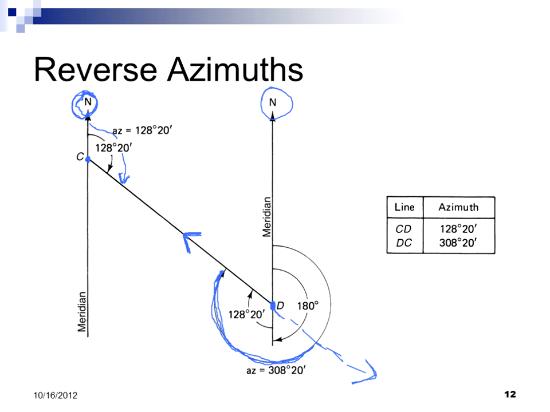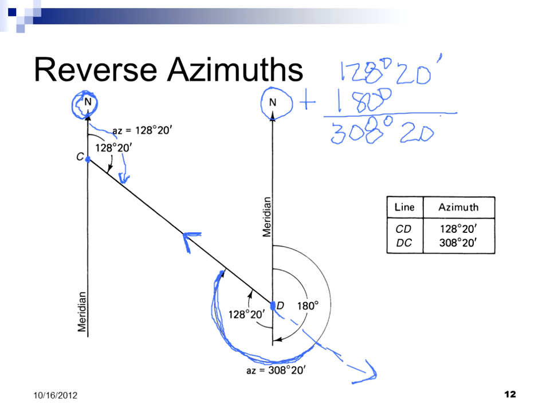So therefore, the azimuth of line D to C is equal to the azimuth of line C to D, 128 degrees, 20 minutes, plus 180 degrees, which gives you 308 degrees, 20 minutes.